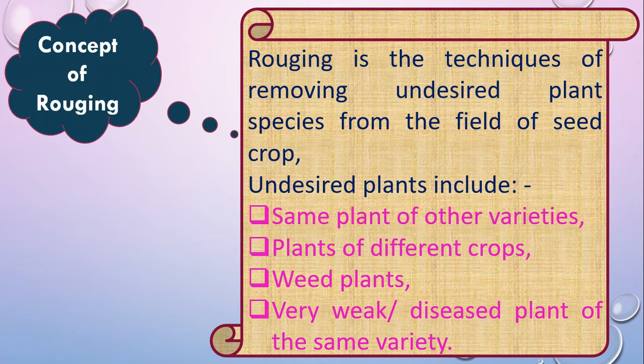For instance, if you want to buy some rice seed and you observe maize seed or mustard seed present in it, then you will not want to buy that. That is why we have to do the rogueing process.